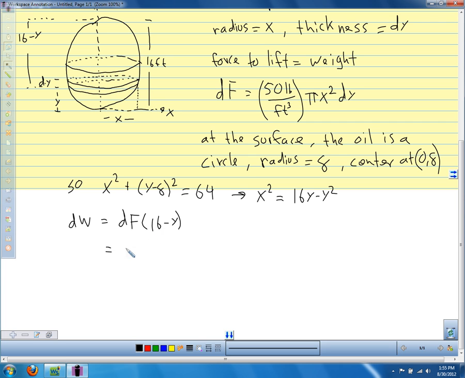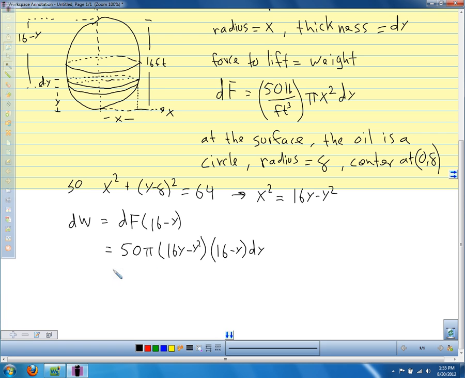Our expression for our force is 50 pi times x squared, which is 16y minus y squared, times the distance that we pump that little disk, and we have our factor of dy for the thickness of our little representative disk of liquid.